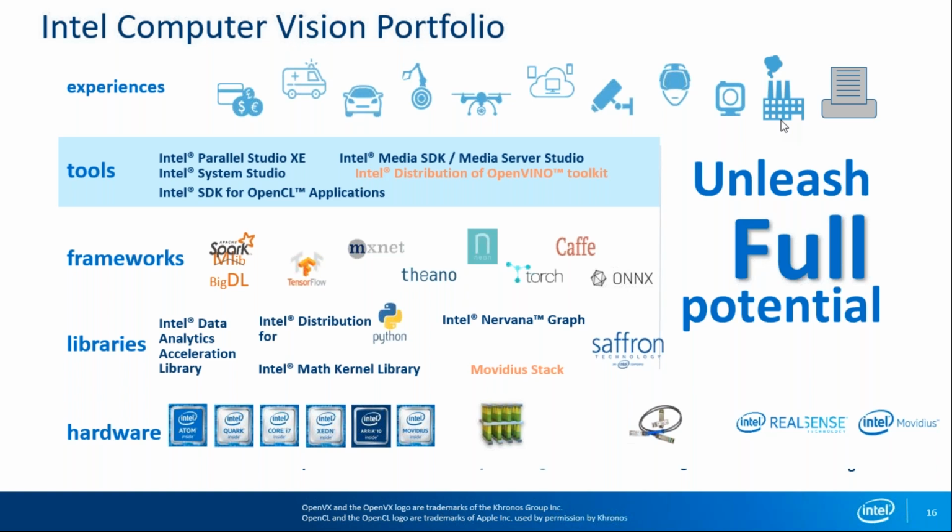At Intel, we have really different accelerators. We have CPU, Core, or Atom, or Xeon server. We have the integrated GPU. We have the FPGA, a dedicated hardware accelerator, and also the Movidius stick.